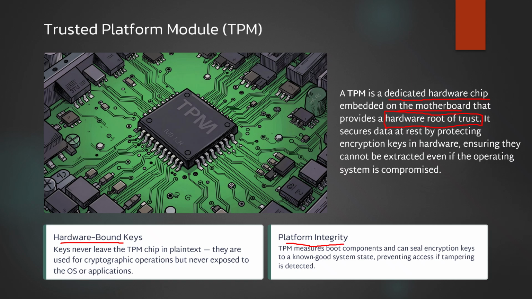That's why it is always embedded on the motherboard. It measures boot components and seals encryption keys to a known good system state, so that tampering is detected. Tampering means someone removing parts from the system itself.